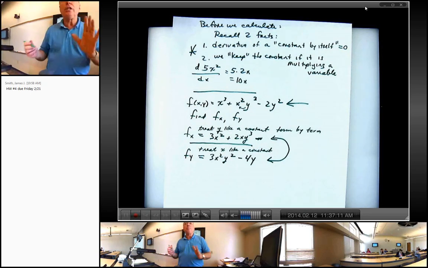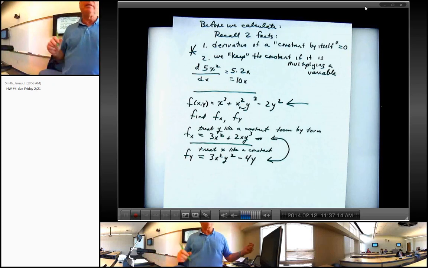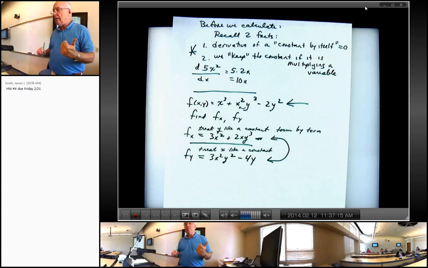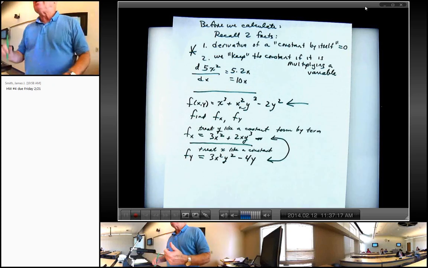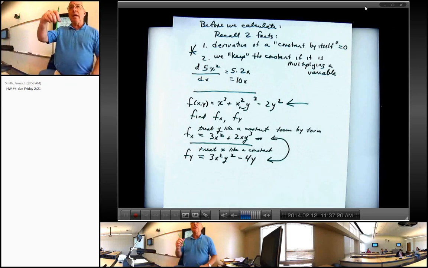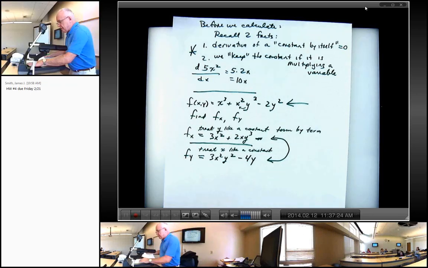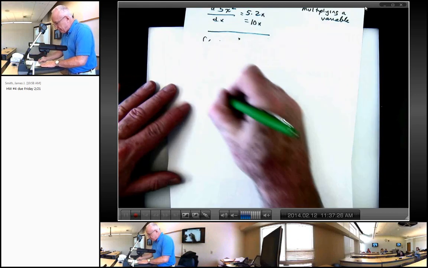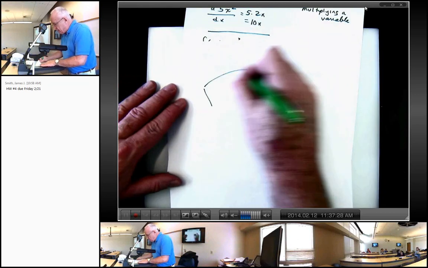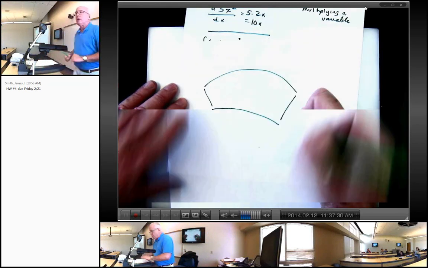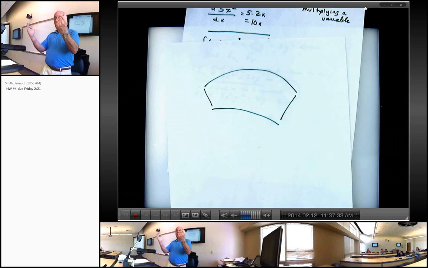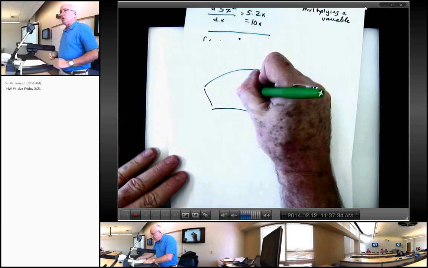Okay, the geometric thing here, and I'm going to bring something on Friday that works better, is that for any surface, let me see how good my drawing is going to be today. So we have some surface from our function, and we're looking at a particular point.